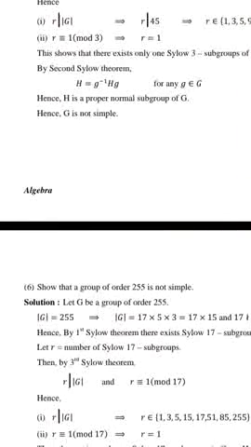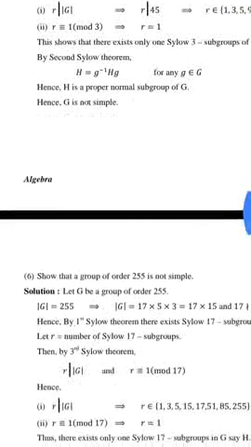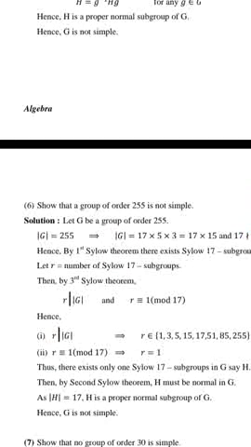Show that a group of order 255 is not simple. Let G be a group of order 255.